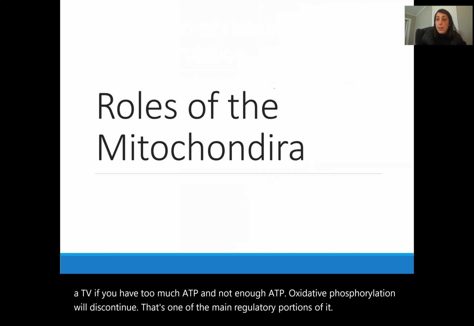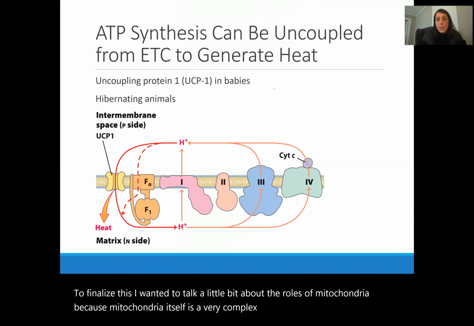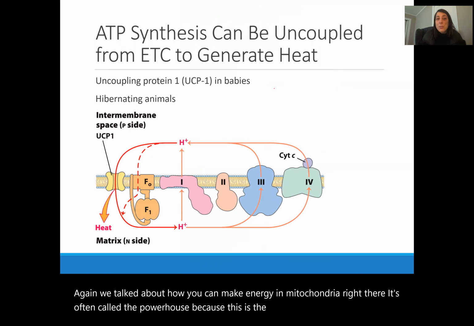Okay. To finalize this, I wanted to talk a little bit about the roles of mitochondria, because the mitochondrion itself is a very complex organelle. Again, we talked about how you can make energy in mitochondria. It's often called the powerhouse because this is the place where energy is produced.